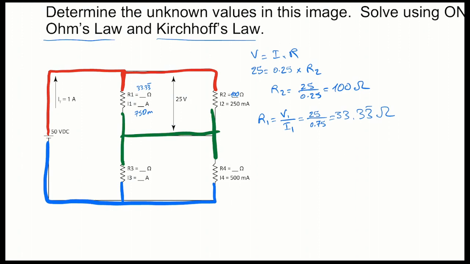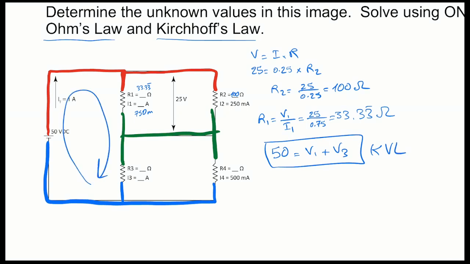So according to Kirchhoff's voltage law in this loop, for example, if 50 is generated in that loop, it has to be consumed in R1 and then R3 before it comes back here, meaning 50 volts is going to be equal to V1 plus V3. That's Kirchhoff's voltage law, right? Applied in this circuit here, or sorry, the loop here. So do we know V1 or V3?